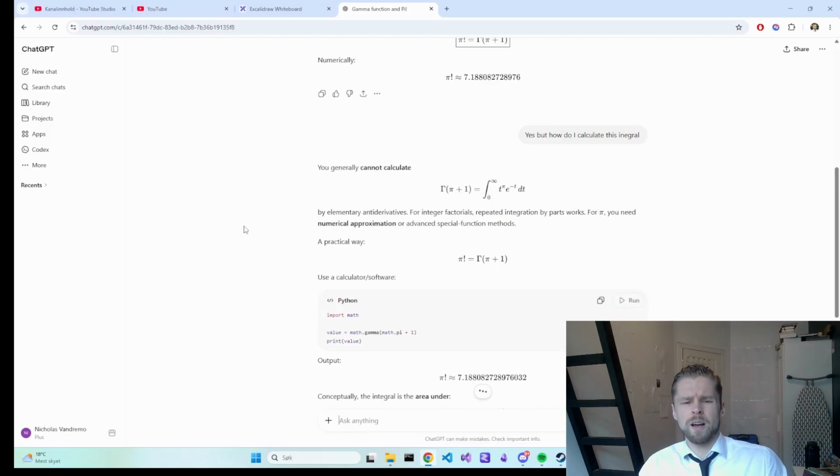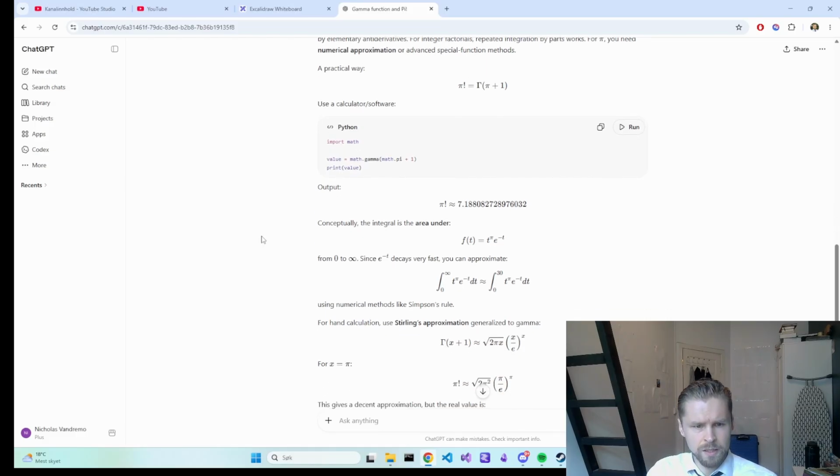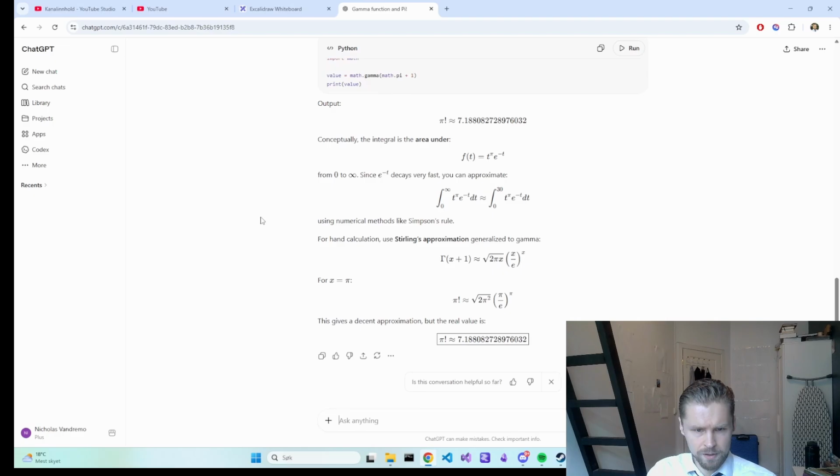So this is why I haven't figured it out, because it's saying that you generally cannot calculate it by elementary antiderivatives. Numerical approximation: the area under this function decays very fast, so you can approximate 0 to 30 using numerical methods like Simpson's rule.